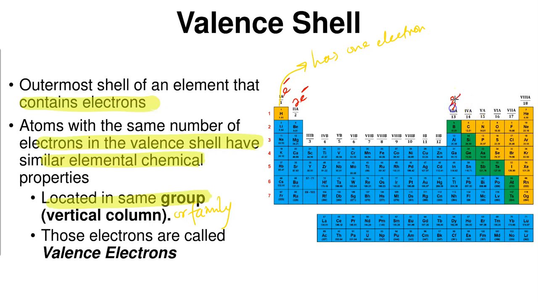Group 3 here is 3 electrons. That's what they have in their valence shell. 4 electrons, 5 electrons, 6 electrons, 7 electrons, and 8 electrons in their valence shell. And these valence shell electrons are what determine the chemical reactivity of that element or the group to which it belongs. So the electrons that are located in the valence shell are called valence electrons.